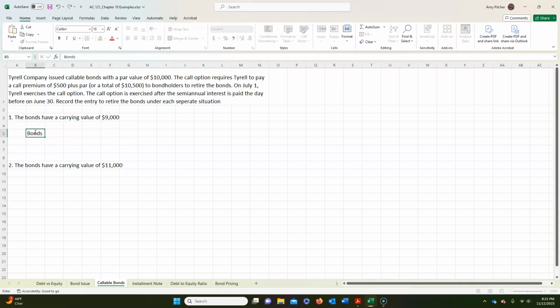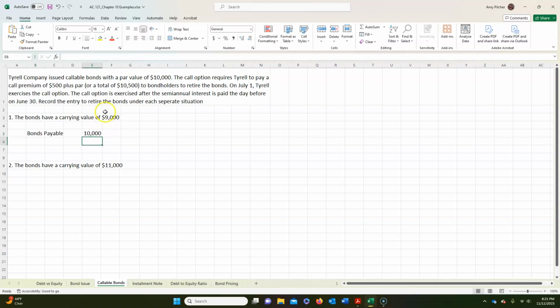So we're going to have our journal entry. We had bonds payable of $10,000 that we're removing from our books. Then we're going to have a loss on retirement of bonds, a discount on bonds payable, and we're going to pay cash out. I'm actually going to move the debits here.